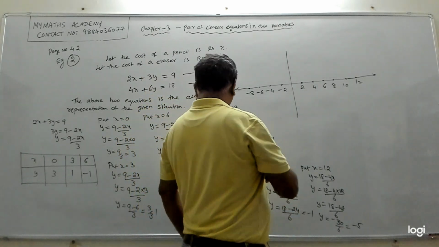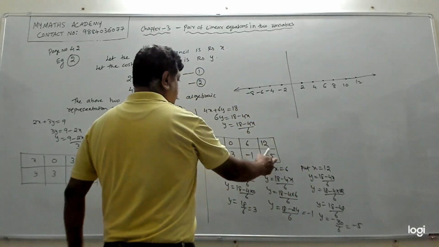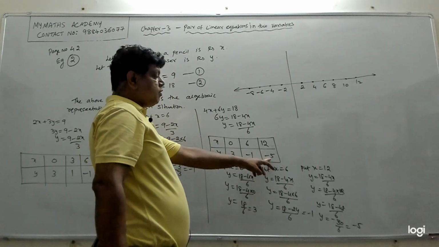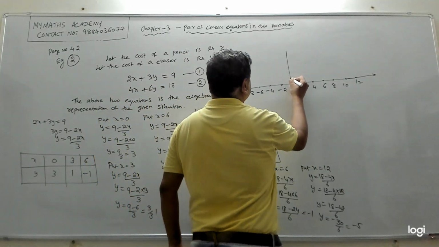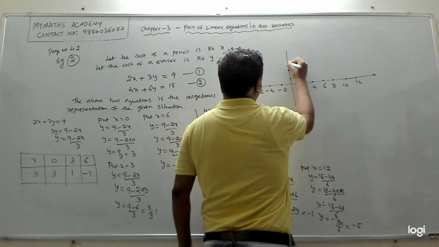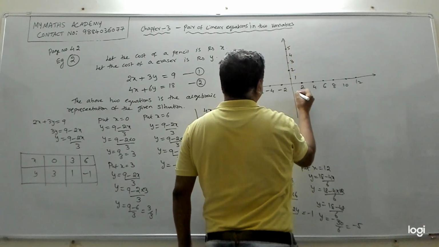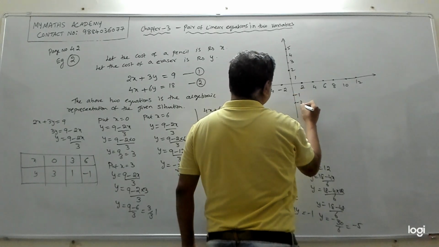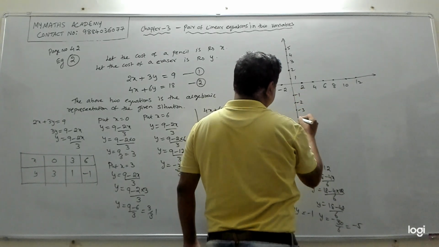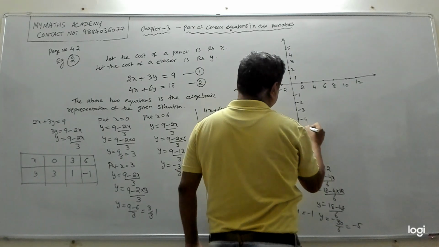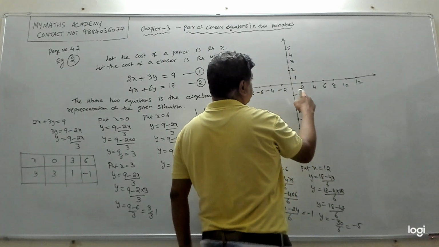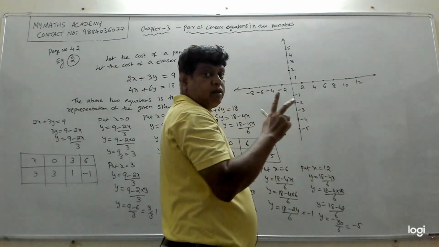Now y maximum value is what? Absolute value, which means without sign, is 5. So we'll put 1, 2, 3, 4, 5. So here we should have minus 1, minus 2, minus 3, minus 4, minus 5. So here I am taking the scale as 1 unit only. In x-axis I am taking the scale as 2 units.